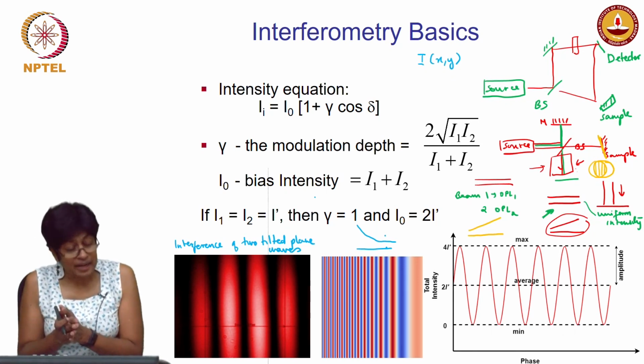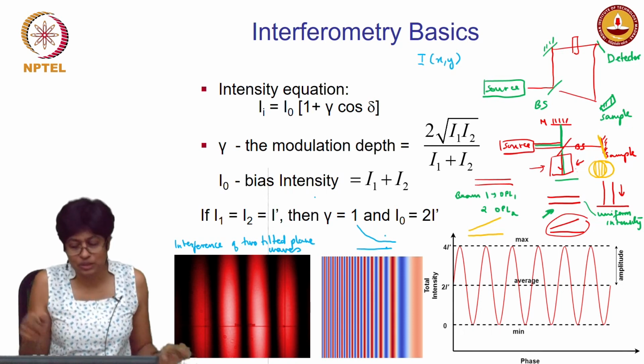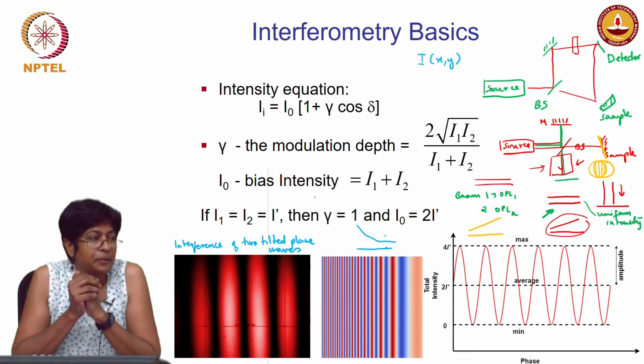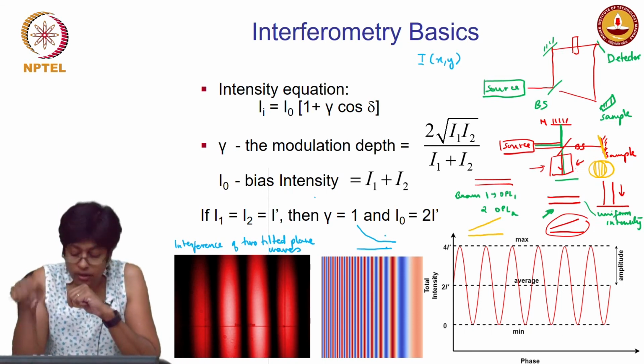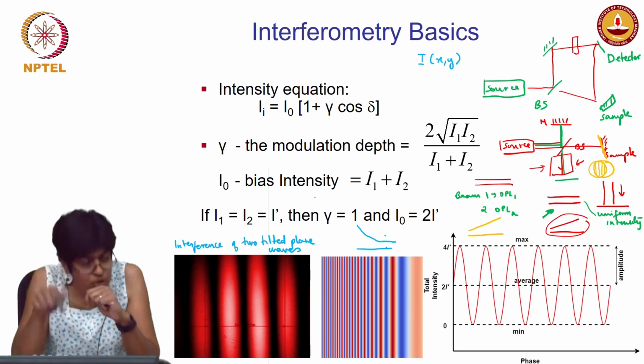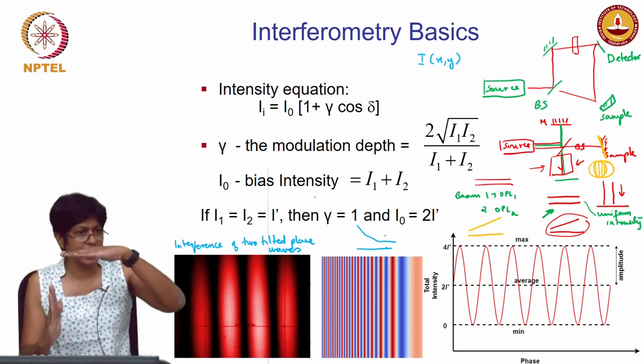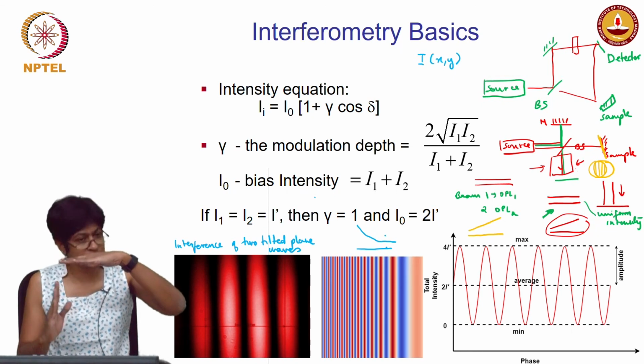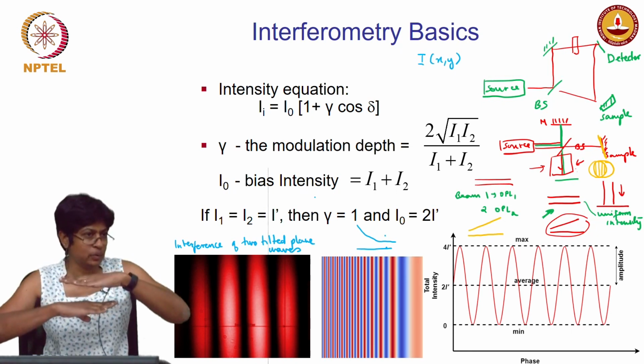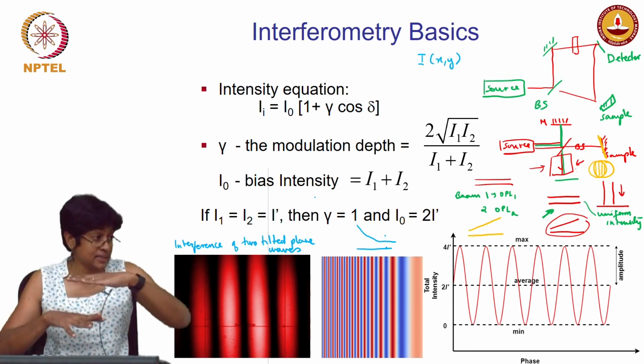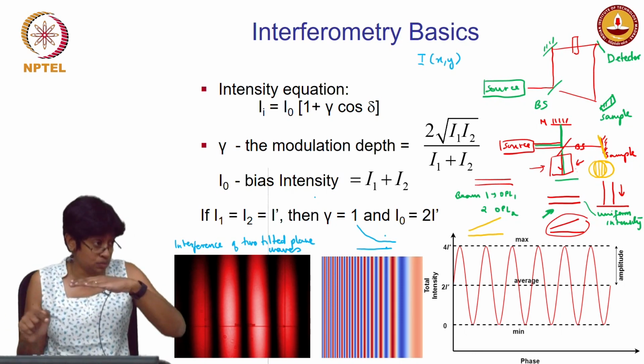Now, I'll ask you a question I asked you some time back. With a Michelson, in order to see fringes, you should not have your mirrors perfectly at 90 degrees to each other, because then you just have two parallel plane waves coming and you have a uniform intensity. It is I1 plus I2.